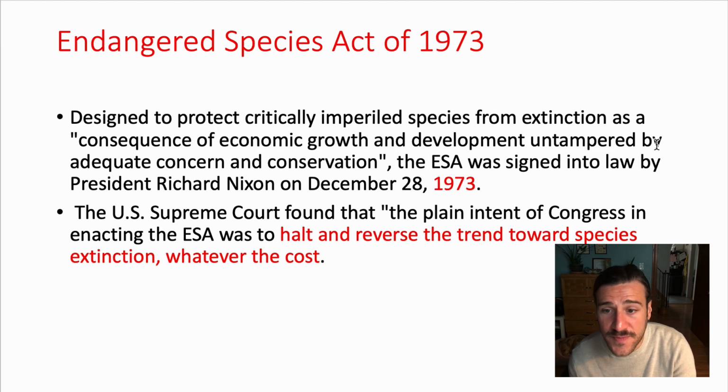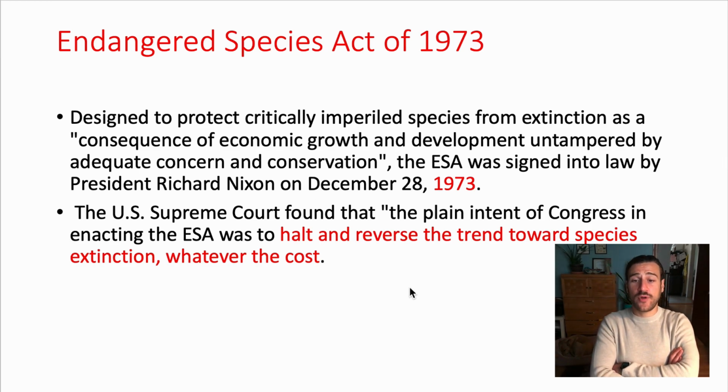So a species extinction that has been catalyzed by our economic growth must be addressed immediately. The ESA was signed into law by President Richard Nixon in 1973 on December 28th.